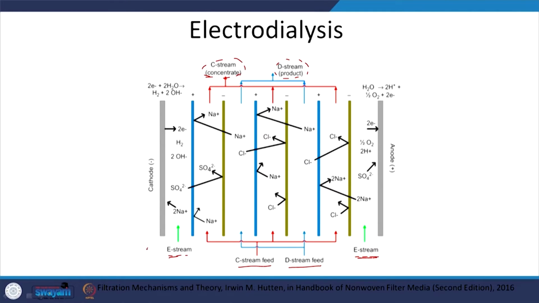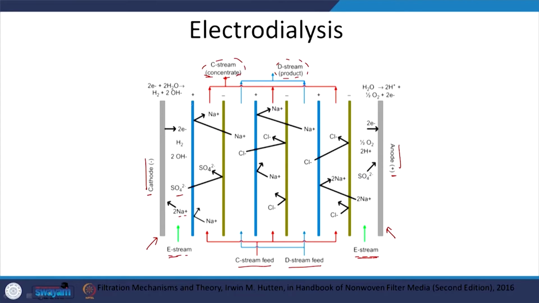We have the negatively charged electrode and positively charged electrode, cathode and anode. Once I apply a potential, the charged species are going to start moving to the oppositely charged electrode. For example, sodium will try to move towards the cathode, and sulphate will try to move towards the anode.